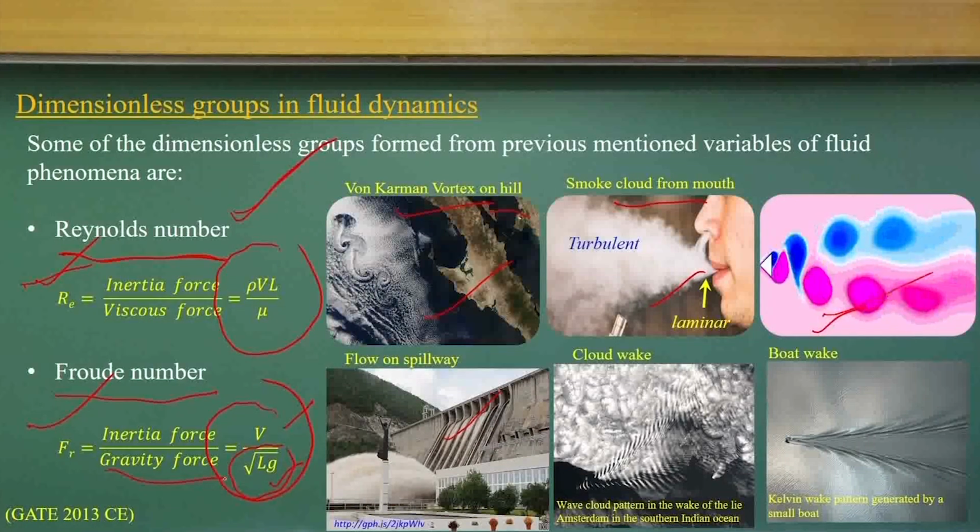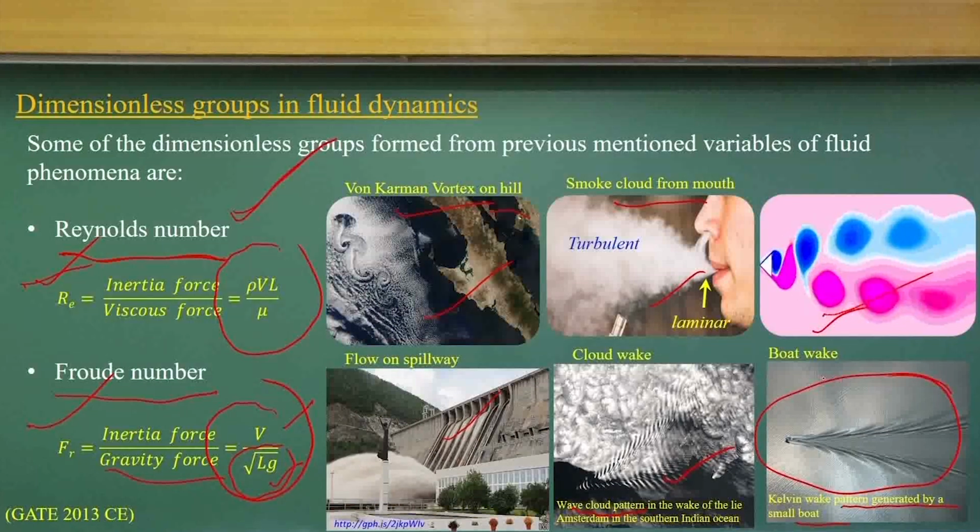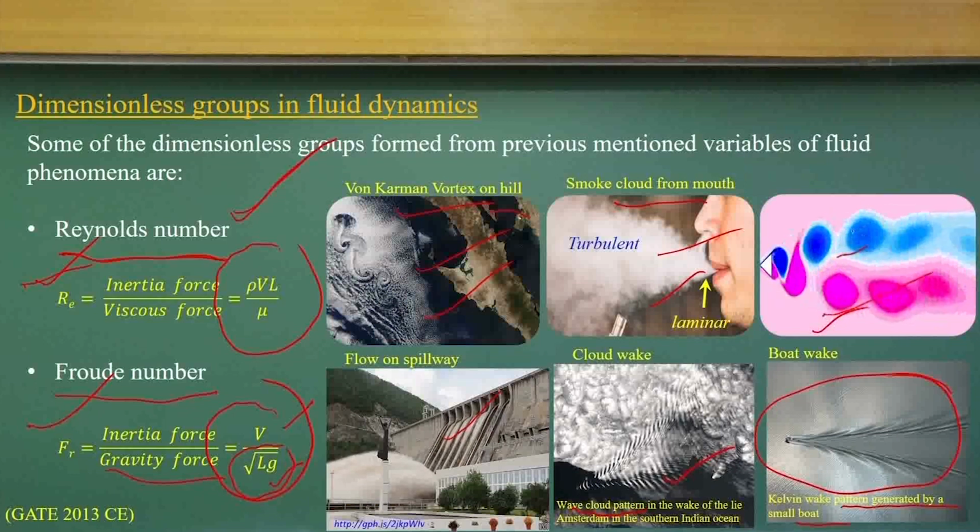The same process happens in wave patterns, also in the wave pattern generated by a small boat. You can look at these figures. It's very interesting. You can see all sorts of flow dominancy. The top lines are the flow dominancy of inertia force, that's what drives the flow, versus the viscous force.